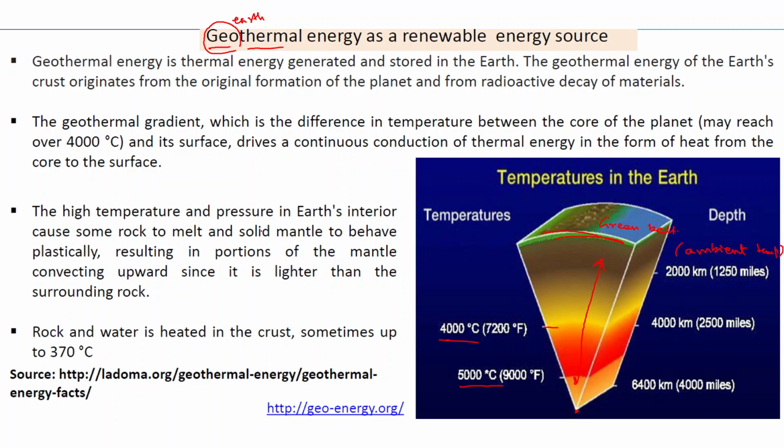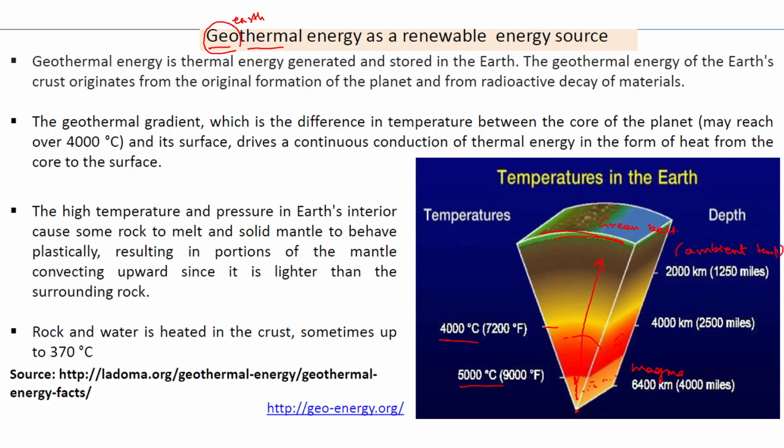High energy and pressure in Earth's interior cause rocks to melt and solid metal to behave plastically, resulting in a portion of the material convecting upwards since it is lighter than the surrounding rock.